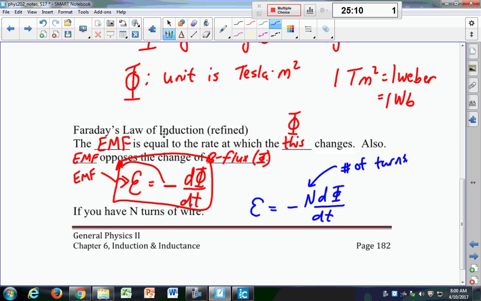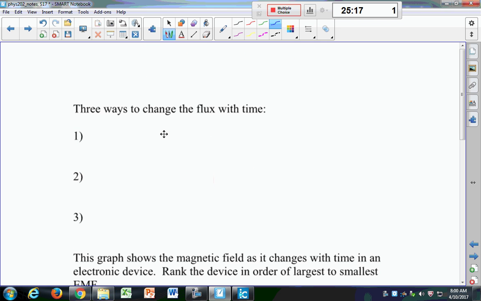We have three ways to change the flux. You ready for them? Yep. Three ways to change the flux with time. We can change the magnitude of the magnetic field within the coil.